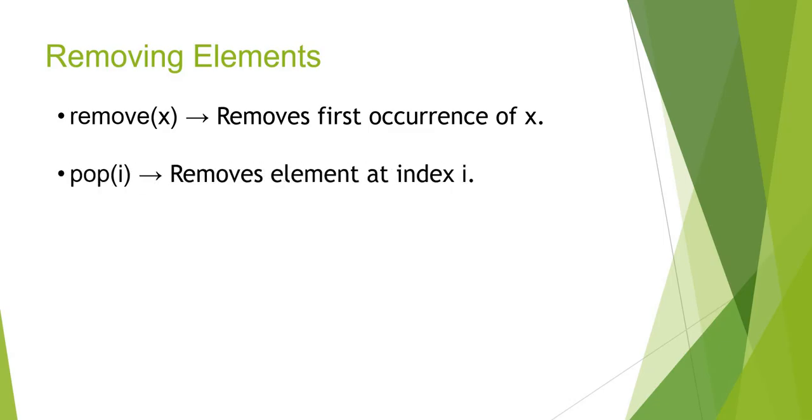The next method is pop. Pop of i, where i is the index of the element that has to be popped off. The third method is clear. Clear is a method which helps to remove all the elements from the list at a stretch.